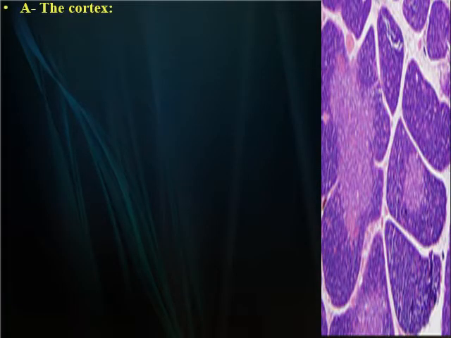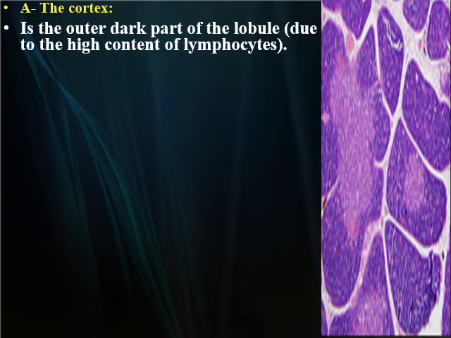Each of the thymic lobules is formed of cortex and medulla. The cortex is dark and the medulla is pale, as we see. The cortex is dark because it contains a large number of lymphocytes.